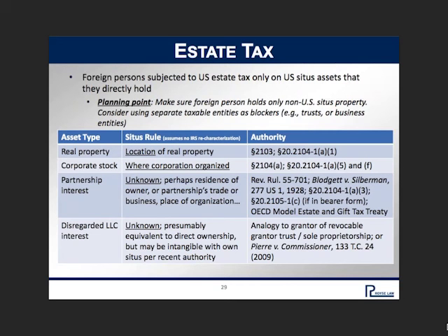So, number one, if I write a check, and this is not included really in this chart, but if I write a check on a U.S. bank account to anyone, let's say I live in China and I have a bank account with Bank of America in San Francisco, and I write a check on that Bank of America account to anyone in the world as a gift, I have made a taxable gift.